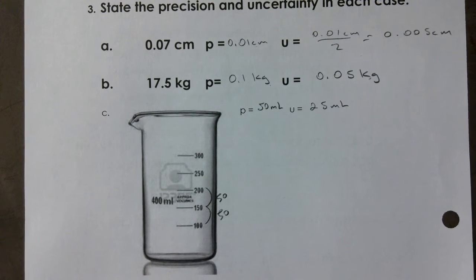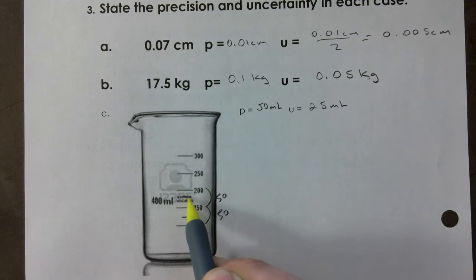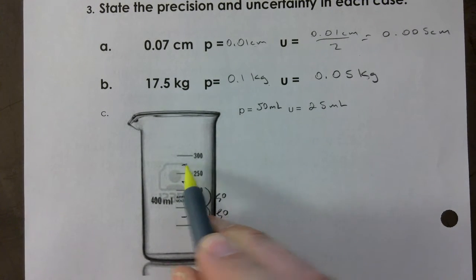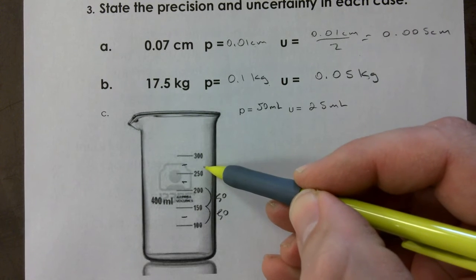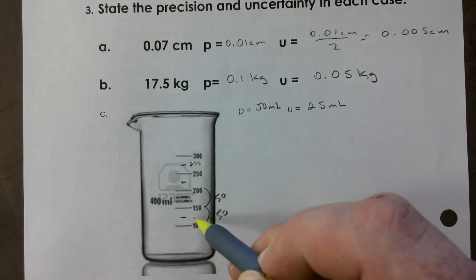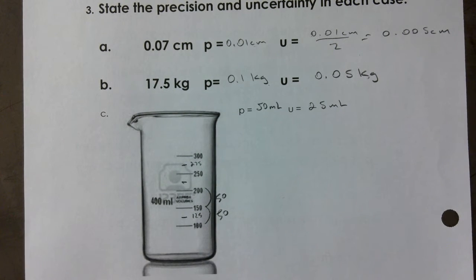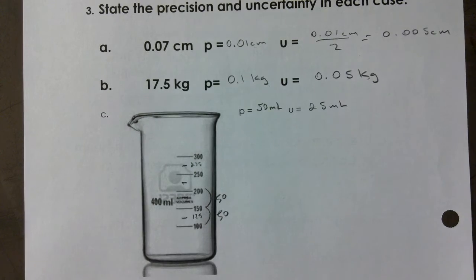Make sure you figure it out. If this thing had markings in between, then we would say that technically this is 275, so it goes up by 25 at a time. You've got to watch out for that. Be really careful when you have this. You can put this in your notes or whatever.